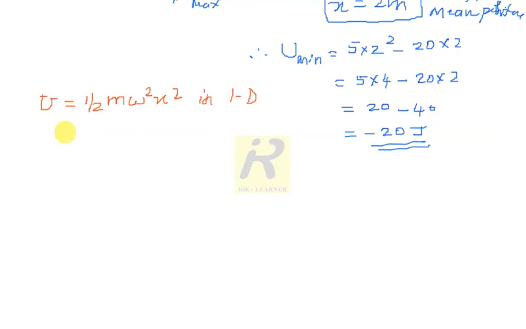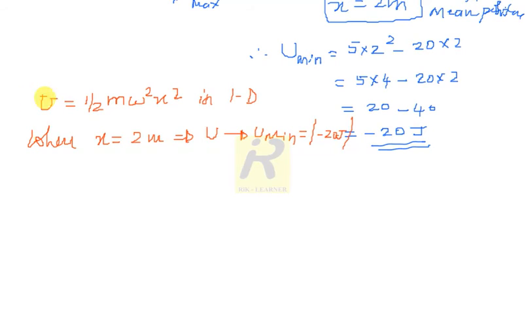When x equals 2 meters, U is minimum, and U minimum is already written. Its magnitude is minus 20 joules, right?